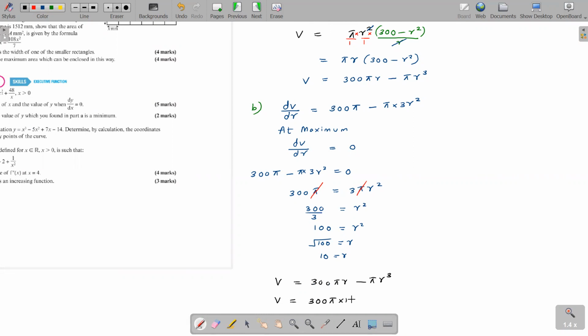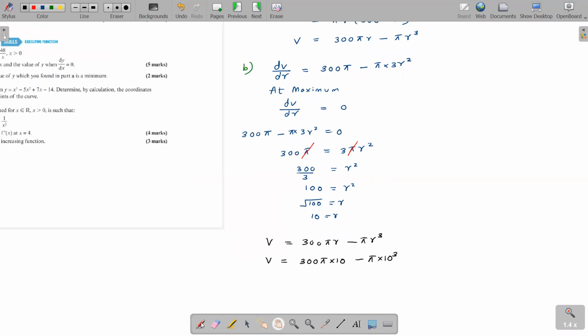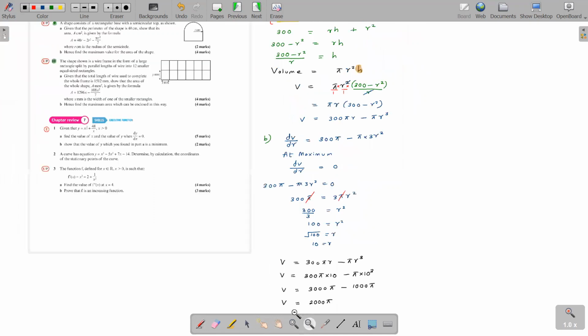300 pi into r is 10, minus pi into r is 10 cube. So I end up getting volume equals 300 into 10, which is 3000 pi. 10 cube is 1000, so minus 1000 pi. 3000 pi minus 1000 pi is 2000 pi.